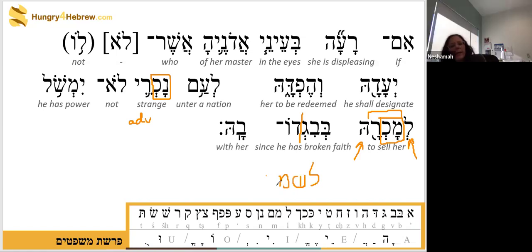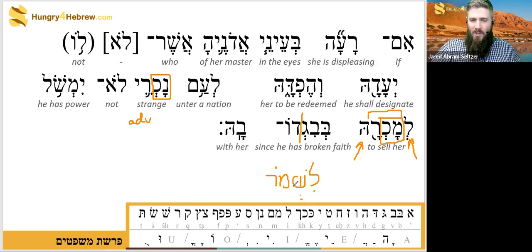Is it an infinitive? It is. Lishmor means to guard, and it would get that kamatz katan because of this vowel. That's exactly what we have here, except we have a hey at the end instead of o. So, to sell her. It's an infinitive construct. Absolutely.